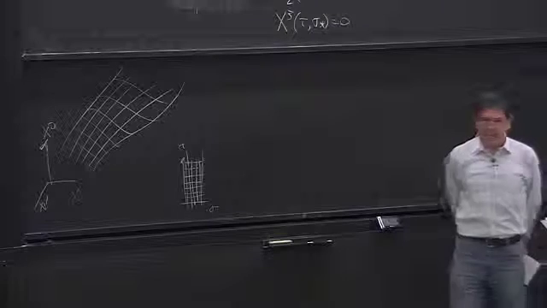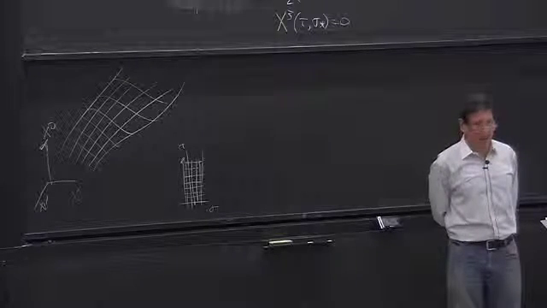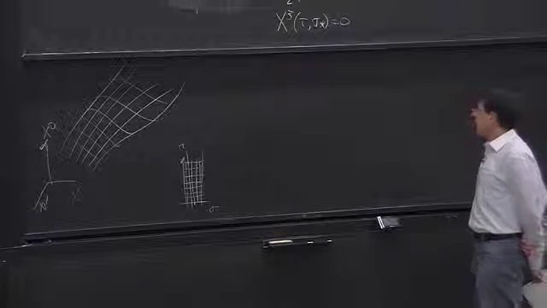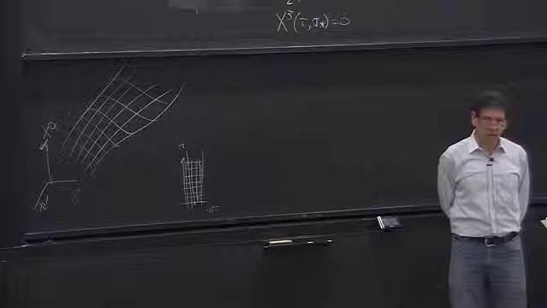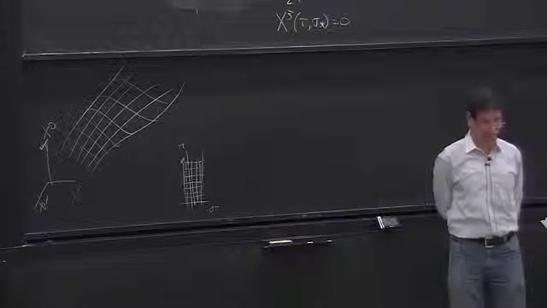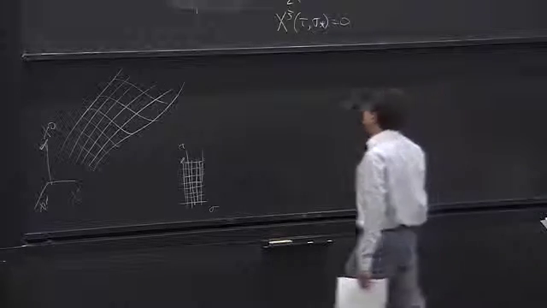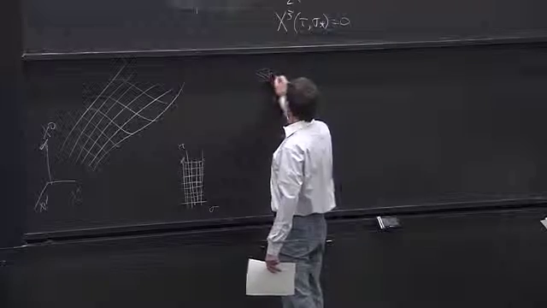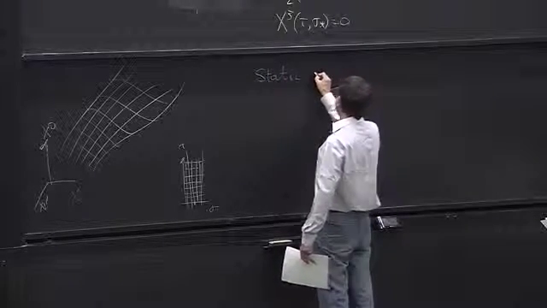So I'm going to begin to draw some lines. I'm going to do the easy ones now. I'm going to teach you how to draw the lines of constant tau in a useful way, in a physical way. And this is called the static gauge, a name that is absolutely confusing. Static gauge.